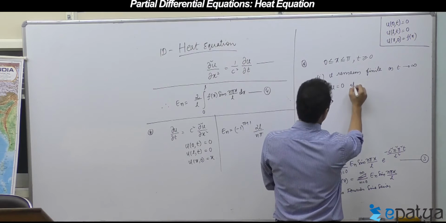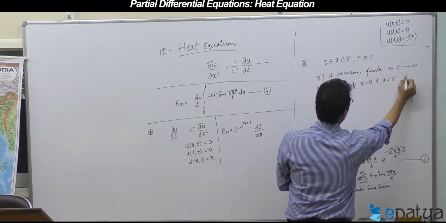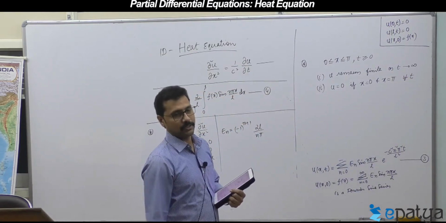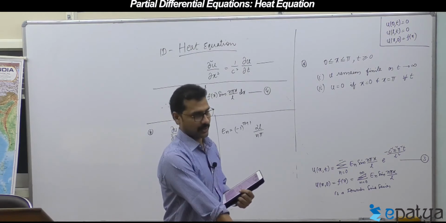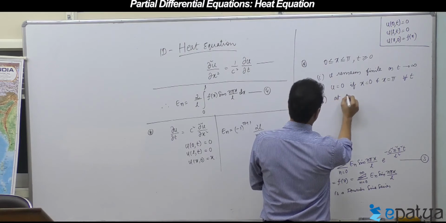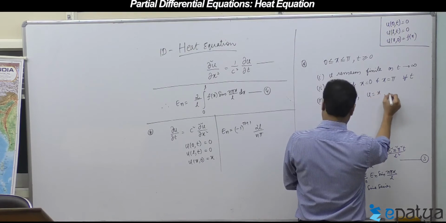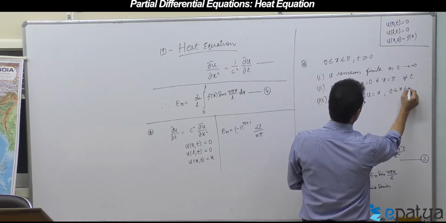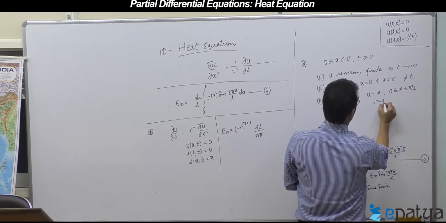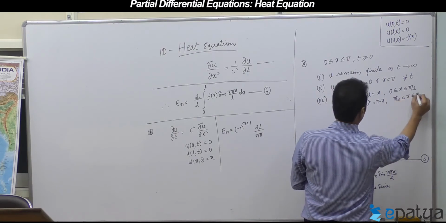u equal to 0 if x equal to 0 and x equal to pi for every t. What does it mean? Boundary conditions 0 and 0 boundary conditions. Third one, at t equal to 0, u equal to x, 0 less than or equal to x less than or equal to pi by 2, and equal to pi minus x, pi by 2 less than or equal to x less than or equal to pi.